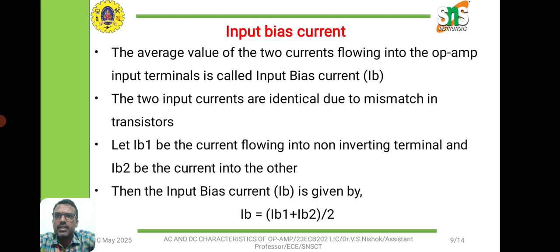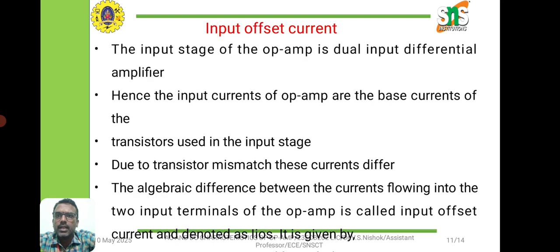So that is represented as the input bias current IB, which is equal to IB1 plus IB2 divided by 2. Similarly, the input offset current is represented as the difference between the bias currents given to the two input terminals of the operational amplifier. So this input offset current is represented as IOS, which is equal to IB1 minus IB2.